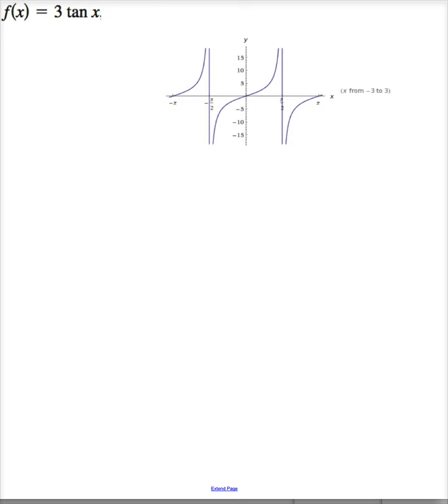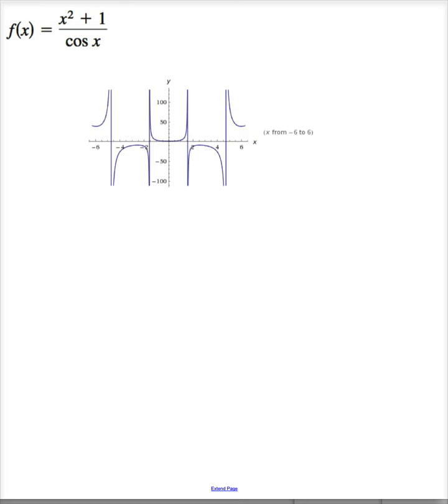Now, the same thing for f of x is 3 tangent. This is continuous over the entire domain of tangent, which means we will be leaving out these pi over 2, minus pi over 2, etc. Now, this function, this is the quotient rule.